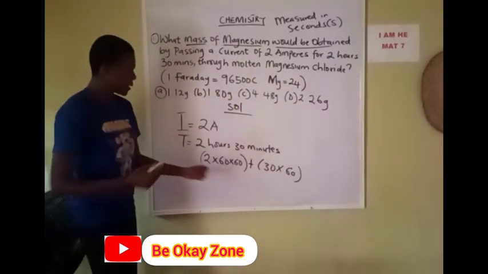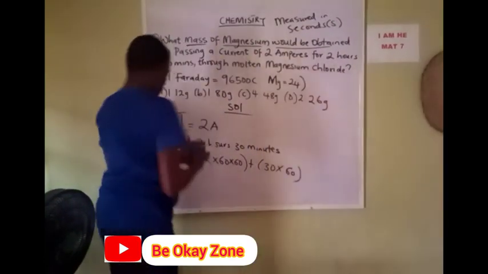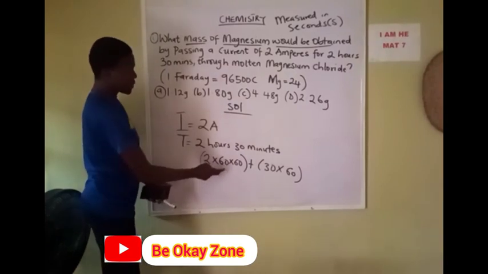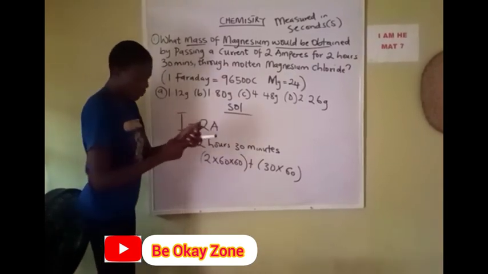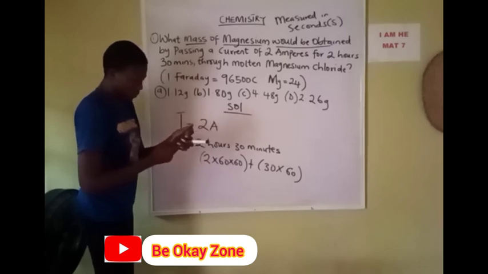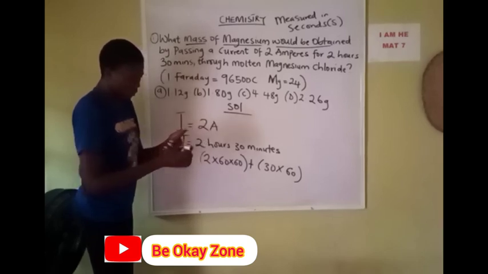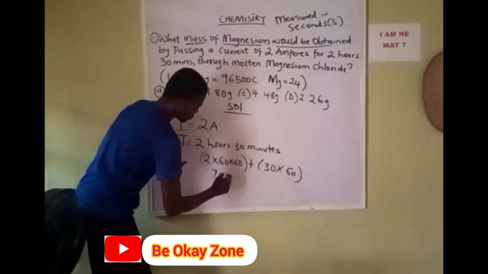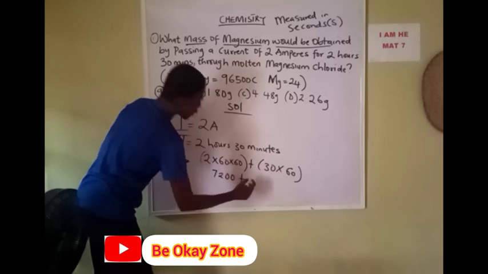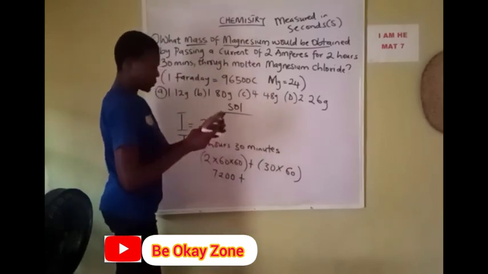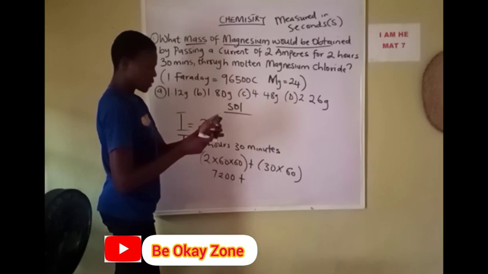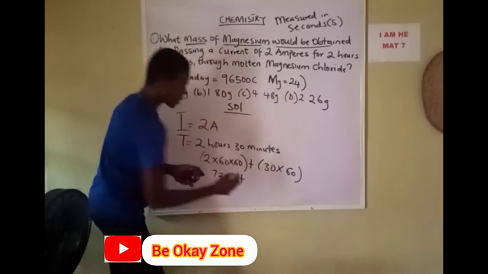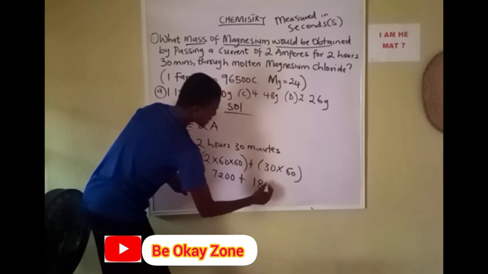So 2 times, let me get my calculator. We're going to calculate 2 times 60 times 60. What is it going to give us? It gave us 7200. Plus, let's see, 30 times 60 gave us 1800.